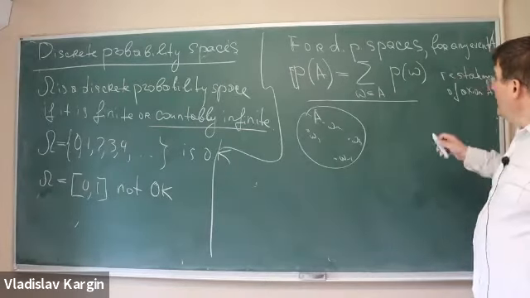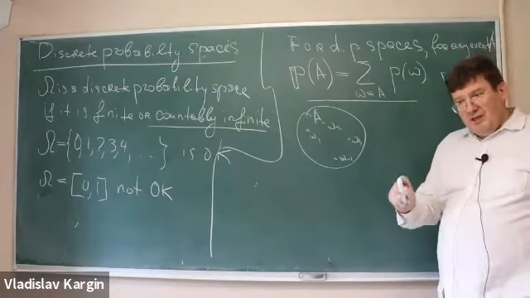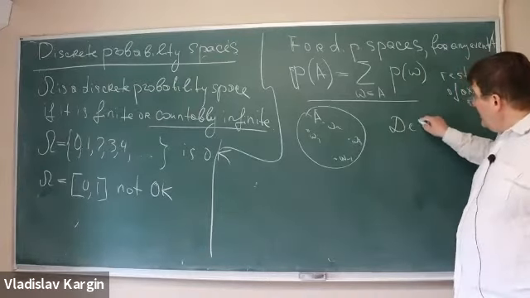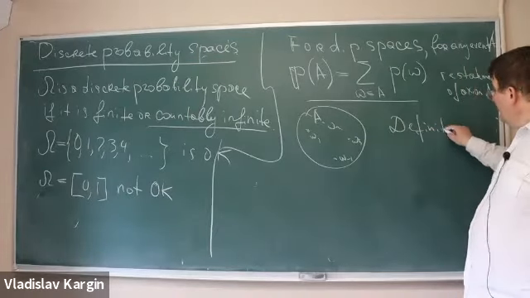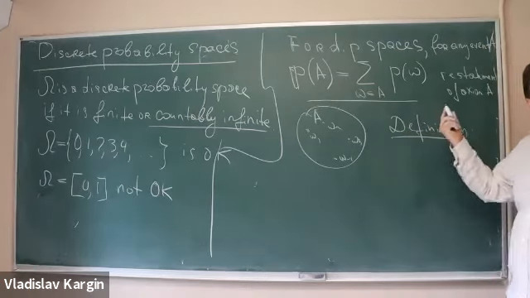And now let me give a definition, which is again not from the book but it's a natural definition, and maybe not so standard, but I think it makes sense.